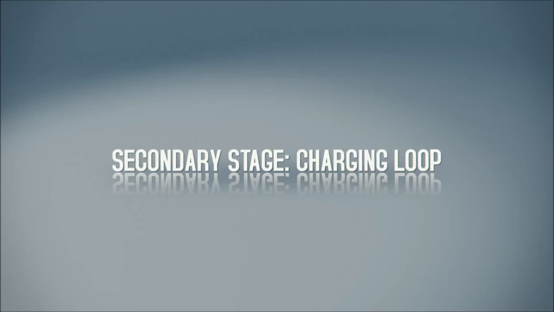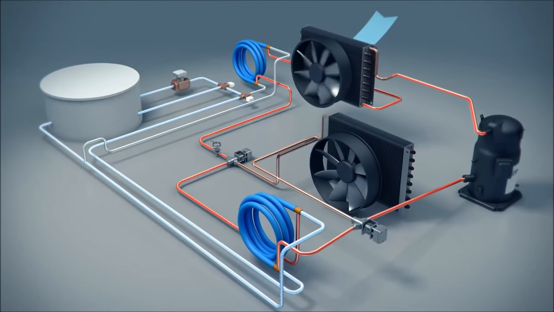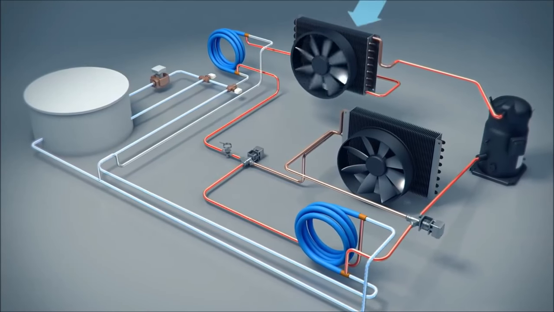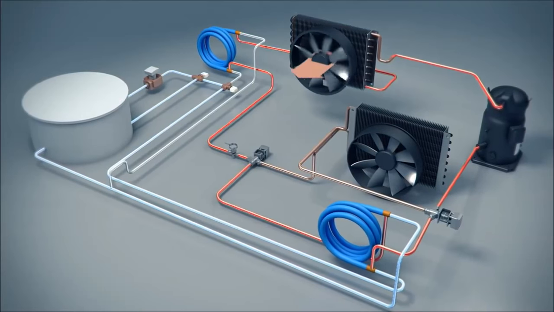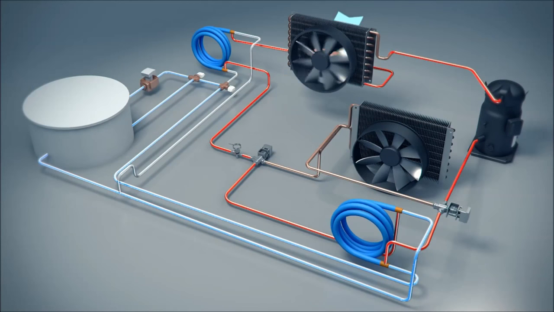Secondary stage AC Companion charging loop. The secondary stage AC Companion charging loop facilitates the function of the primary AC Companion stabilizing loop. The AC Companion charging loop contains the secondary components that contribute to ice formation at the ice storage vessel.